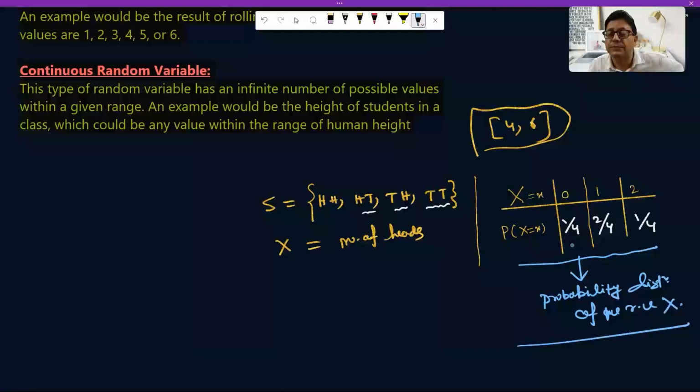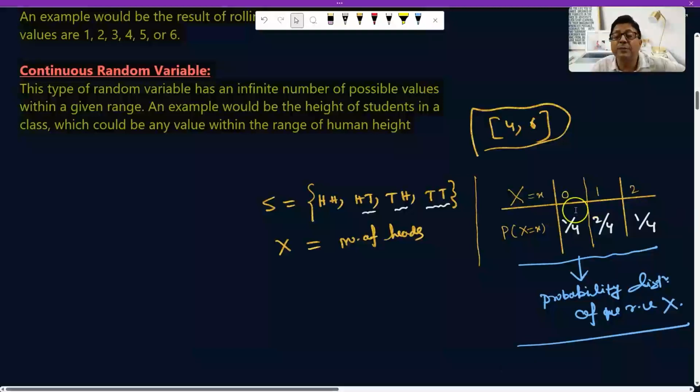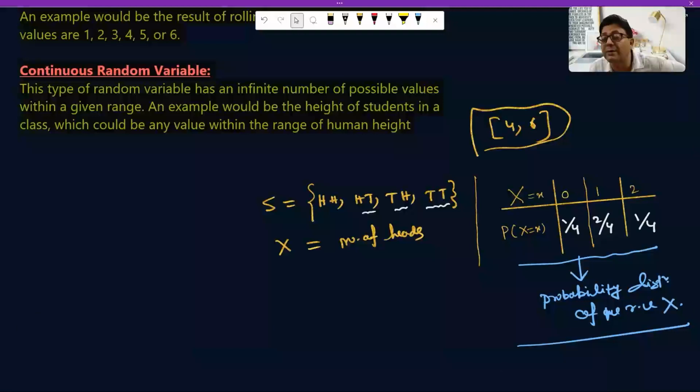So what is a probability distribution? Where you write values of the random variable in one row and corresponding probabilities in another row. Any random variable which you take, its probability distribution can be written in this manner. First row contains values of the random variable, second row their probabilities.